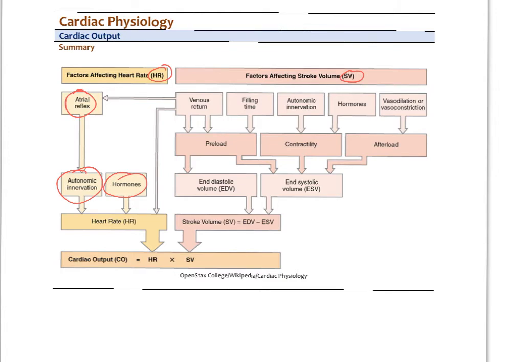But then factors affecting stroke volume would be your venous return, the filling time, the autonomic intervention, hormones, and then your afterload, and that would be either vasodilation or vasoconstriction in the arterial system. And they all go into affecting preload, contractility, and afterload, and that will affect the end diastolic volume and the end systolic volume. And that eventually affects stroke volume. So this is how we can integrate all these different factors together to understand how they can affect the heart muscle.